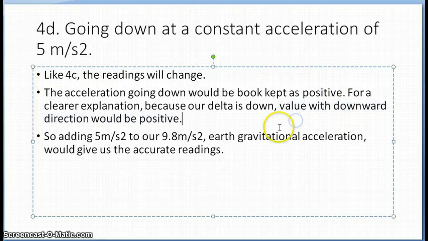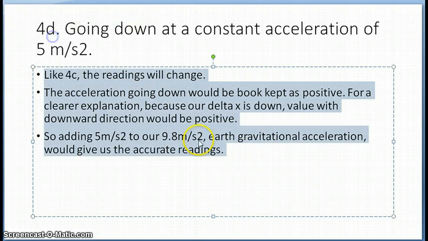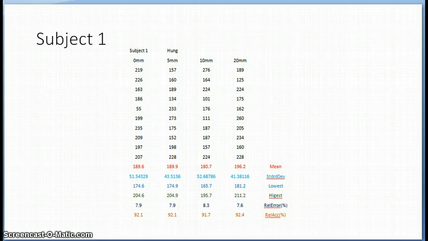Yep, the same direction as the delta x. Okay. So by adding 5 meters per second squared to our 9.8 meters per second squared, which is the Earth's gravitational acceleration, it would give the accurate reading of the data.